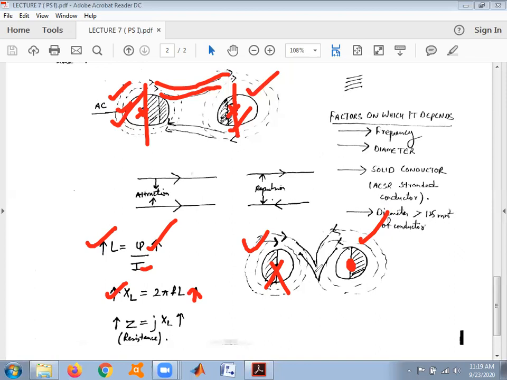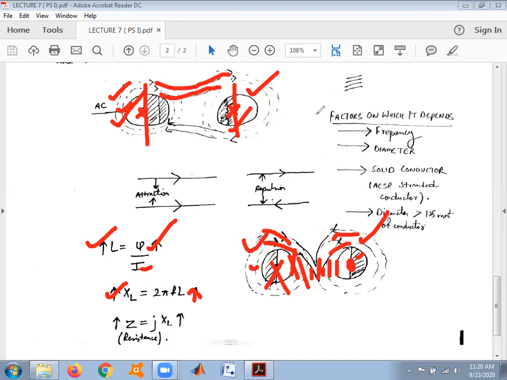The direction of flux in this conductor is clockwise, and in this one it is anti-clockwise. So more flux is induced in this portion, so more resistance is offered, and the more the resistance, the less the current. When the direction of current in one conductor is opposite to the other, current flows through the outer parts of the conductor, and the inner parts remain empty.